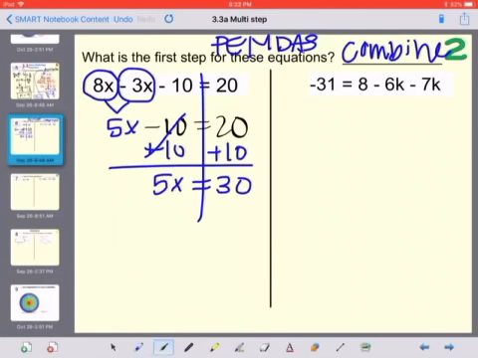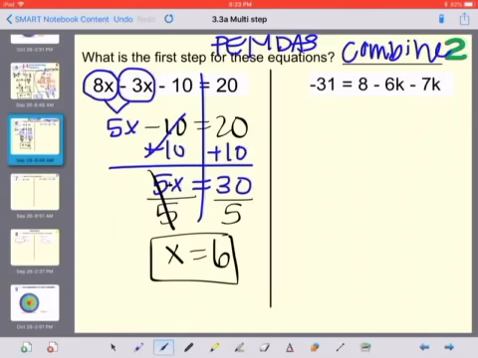And then last, the opposite of multiply is divide. So divide by 5 on both sides. 5 over 5 is just 1, so we have 1x, or just x. And then 30 divided by 5, 5 times 6 is 30. So 6 should be our answer.